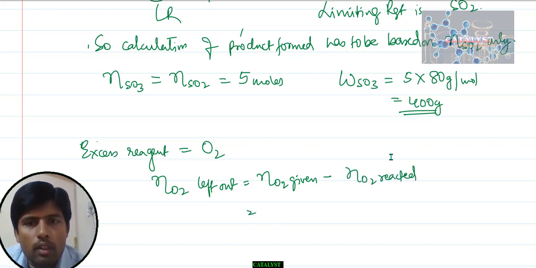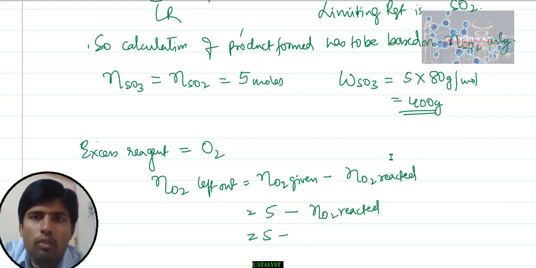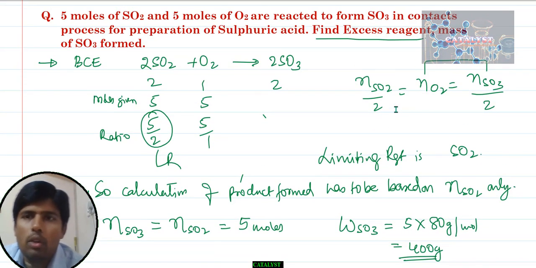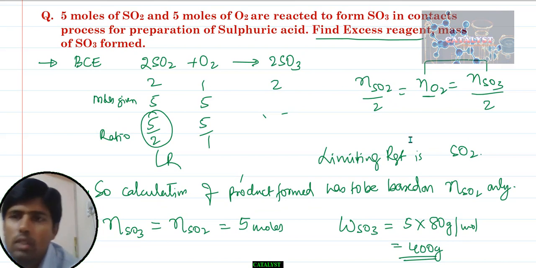So O2 given is 5 moles minus reacted, which is again easy to calculate. Number of moles of O2 reacted is number of moles of SO2 by 2. So again we don't consider SO3.